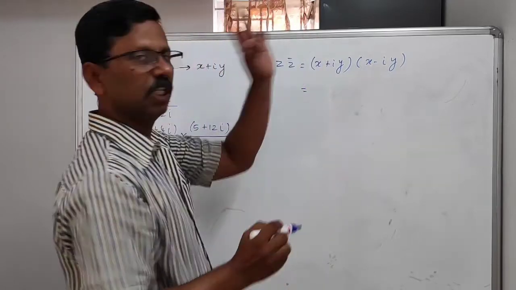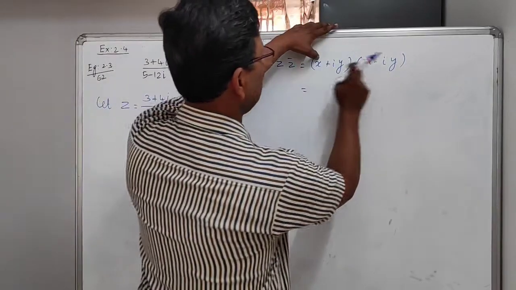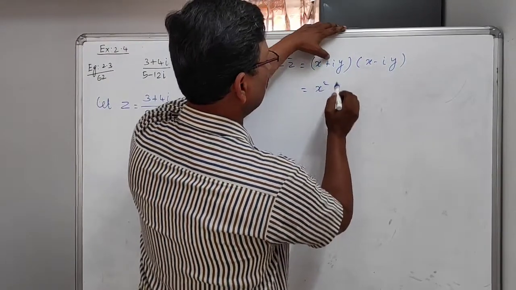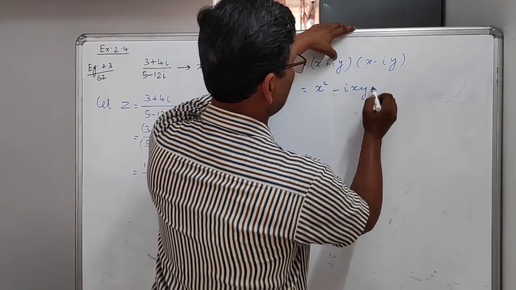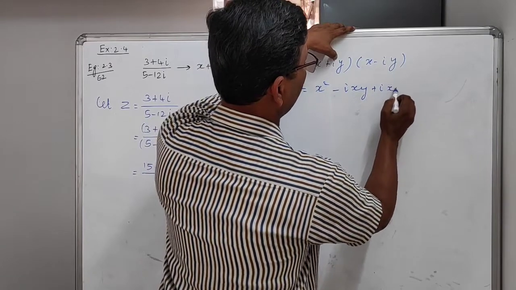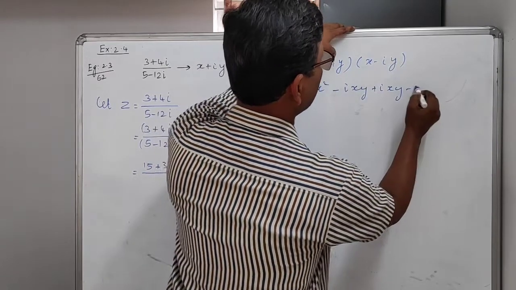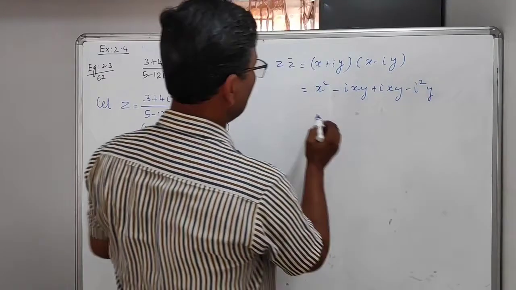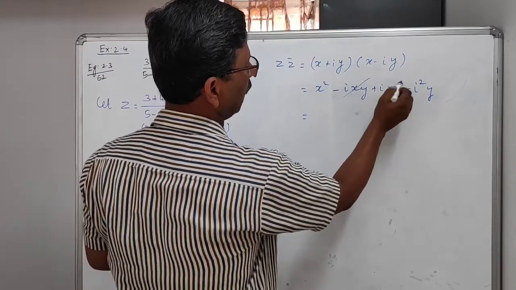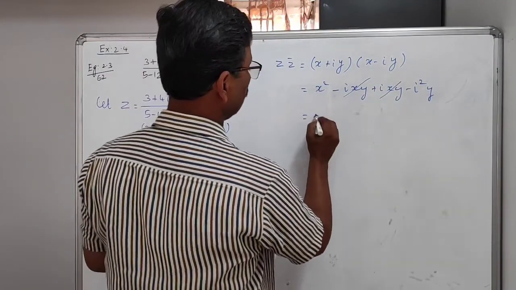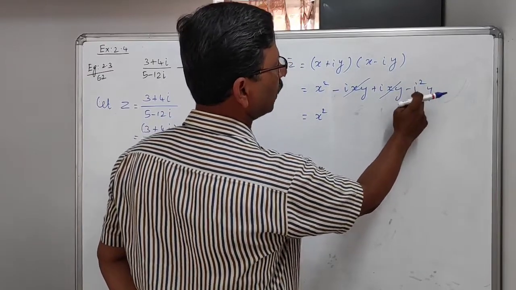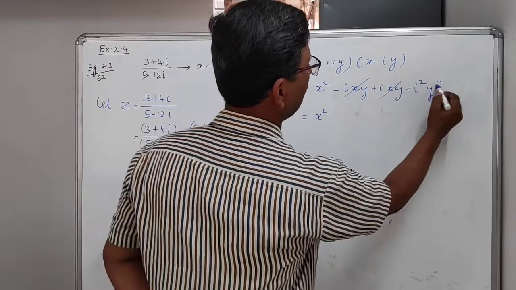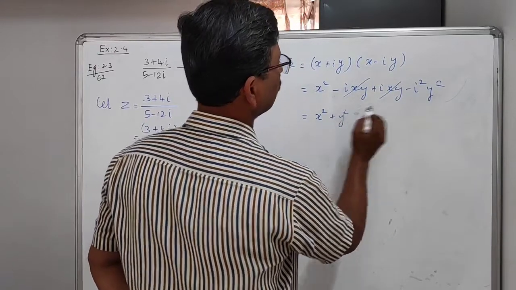If you remove this bracket, you get x into x, x square, then minus ixy, then plus ixy, then minus i square y square. Now if you simplify, the middle terms get cancelled, you get x square, then i square is minus 1, minus i square is plus 1, so you get plus y square.